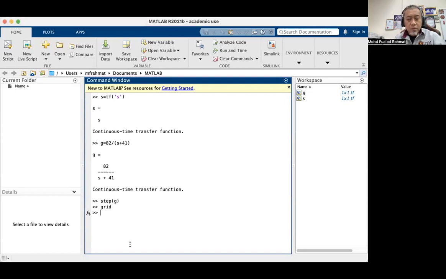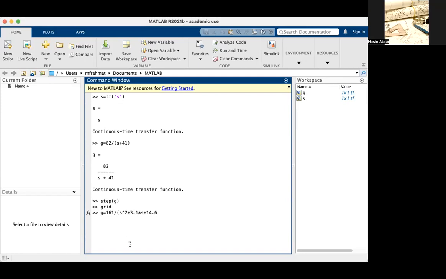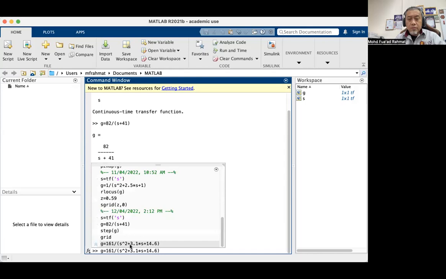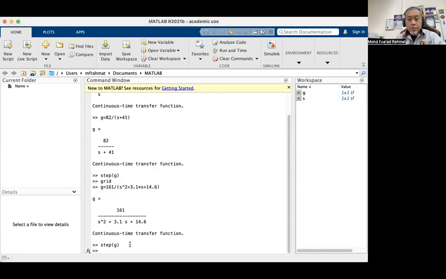You already declare s, so straight away G is equal to 161 divided by s square plus 3.1 s multiplied by s plus 14.6. So that one, and then step G, then the grid.